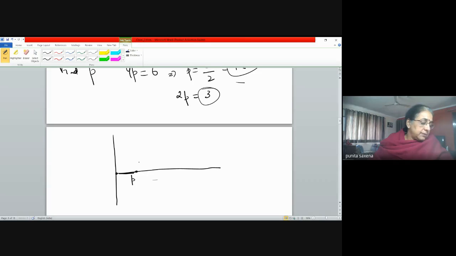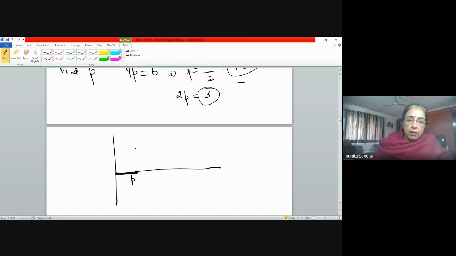Then I complete a box, where I measure p units in the direction in which my parabola is going to open.